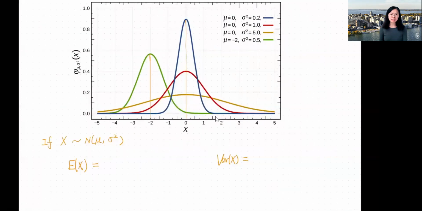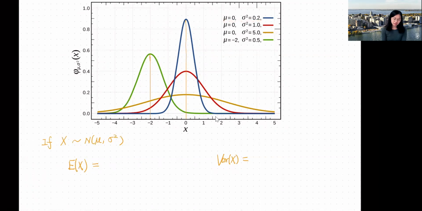The normal density looks like a bell. It's the bell-shaped density function. When you draw the density function on the graph, they look like a bell. And regarding how fat or how thin, how high and how low, or where the center of the bell is, those are dependent on the parameters mu and sigma squared.